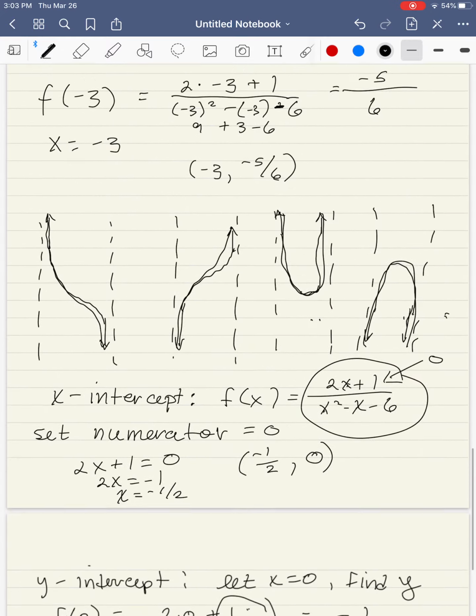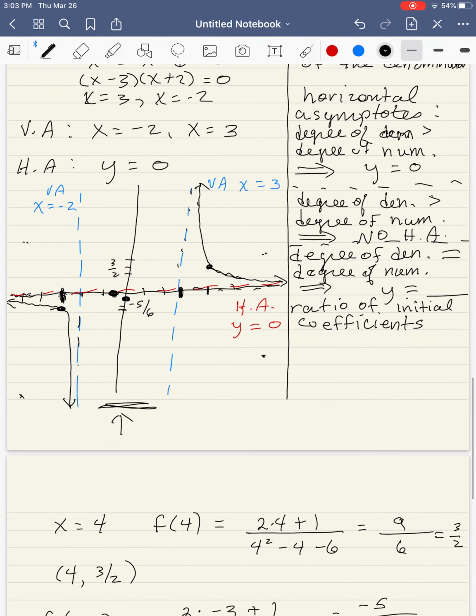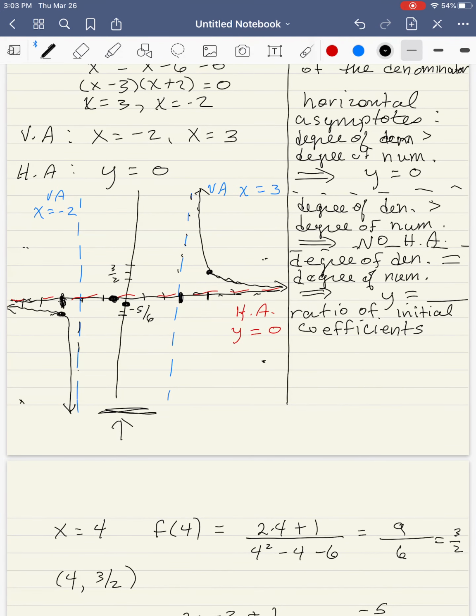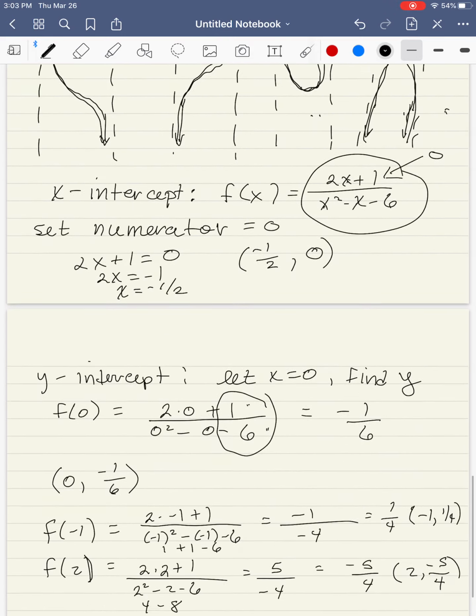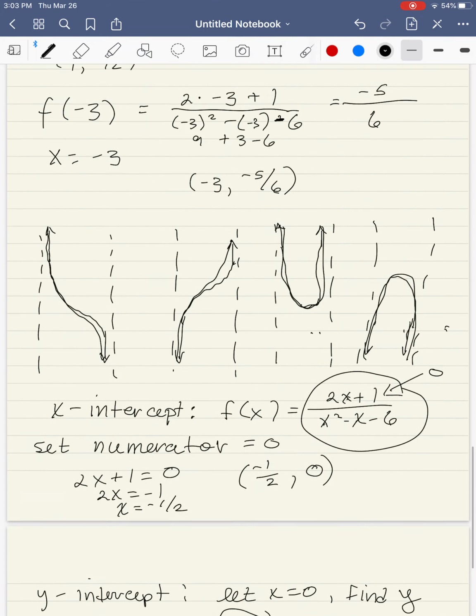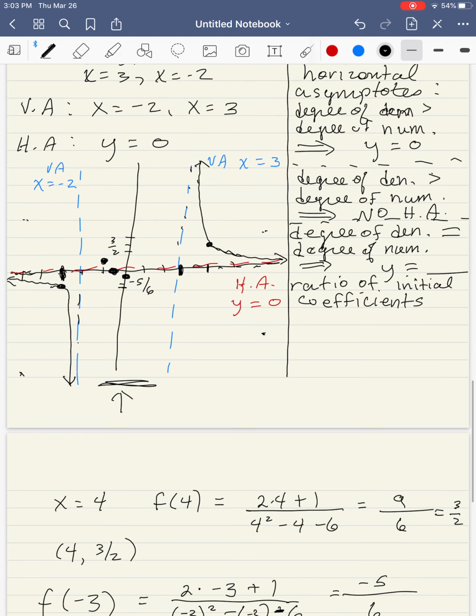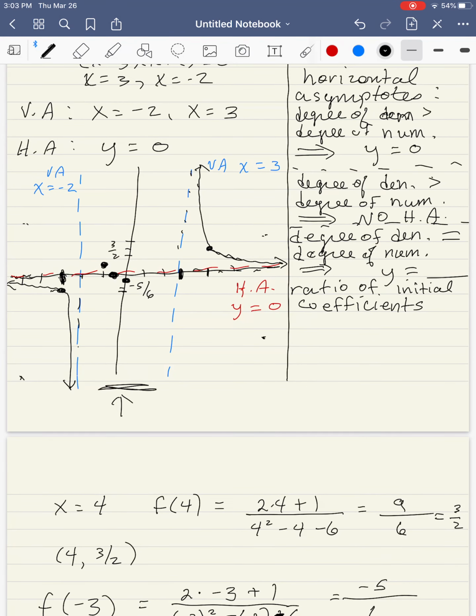So I'm going to plot the point -1, 1/4. And it's just a tiny bit up here. And then I'm going to plot the point 2, -5/4. That's going to be a little bit below. This -5/6 is closer to the axis than -1, and -5/4 is going to be just a little beyond. So x equals 2, y equals -5/4, and I have this ordered pair.